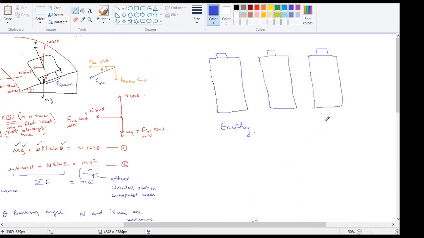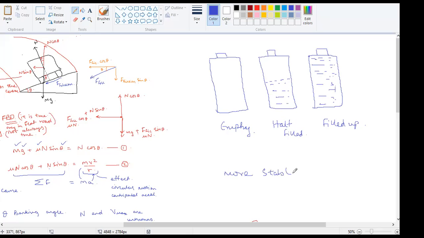This one is filled completely up to this. This one is half filled. Out of this, which one is more stable?